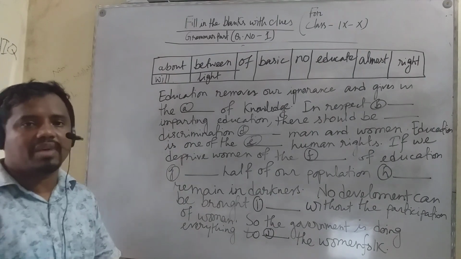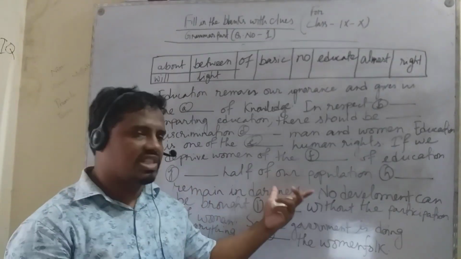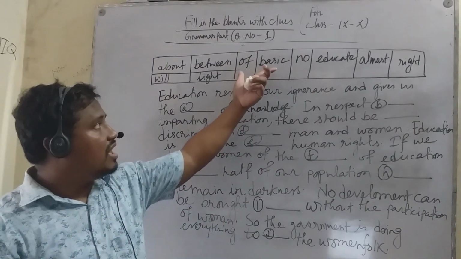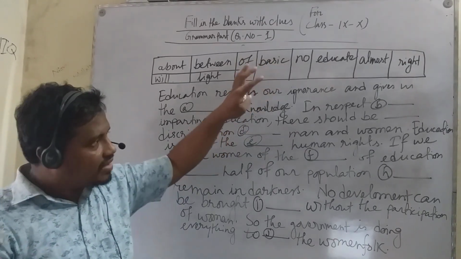Okay, now I am giving you 5 minutes. Just pause your video for 5 or 6 minutes. You can pause the video, then write down the answers from the box and fill in the gaps.